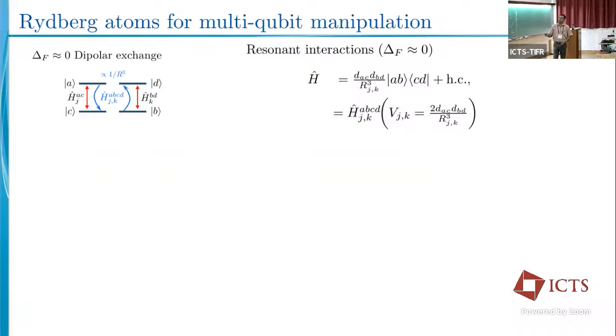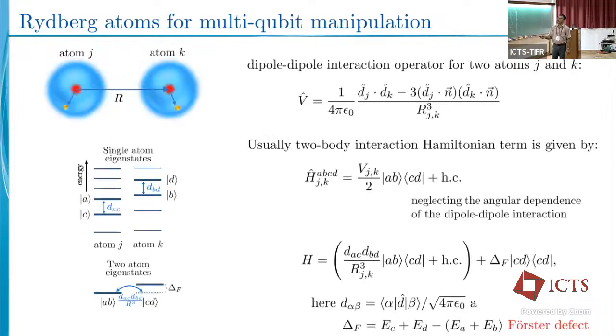Our Hamiltonian will be this term, then the combined states AB and CD. We can write it in a simple way, because this interaction takes place between these states; we are bringing this to this.